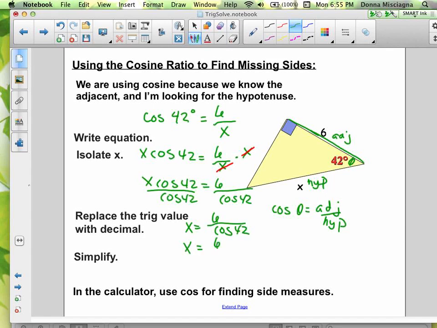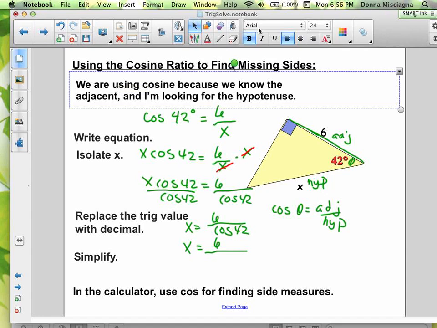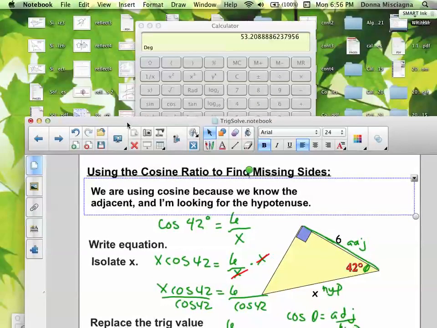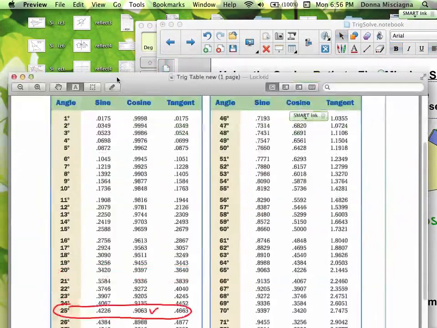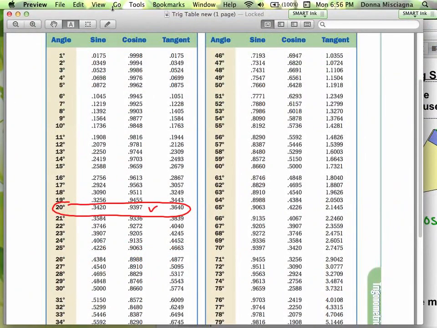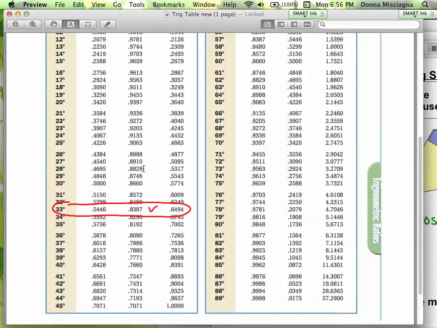So that's 6 divided by, all right, let's find cosine 42. As soon as I find it, I'm going to pause the tape a little bit, or just wait for you. You can use this one, or you can use the one in your notes. You can look while I am erasing my angle there.